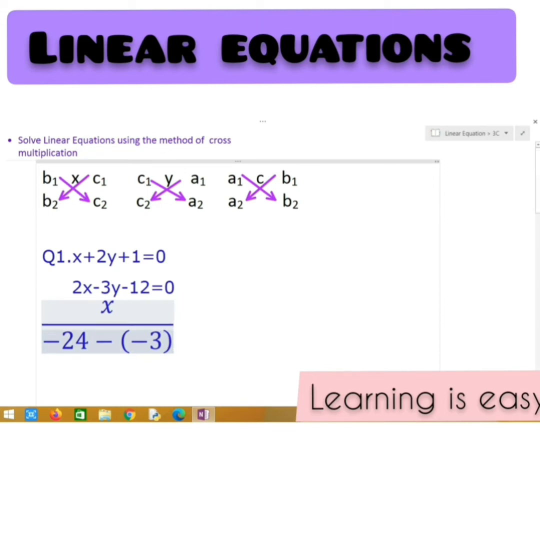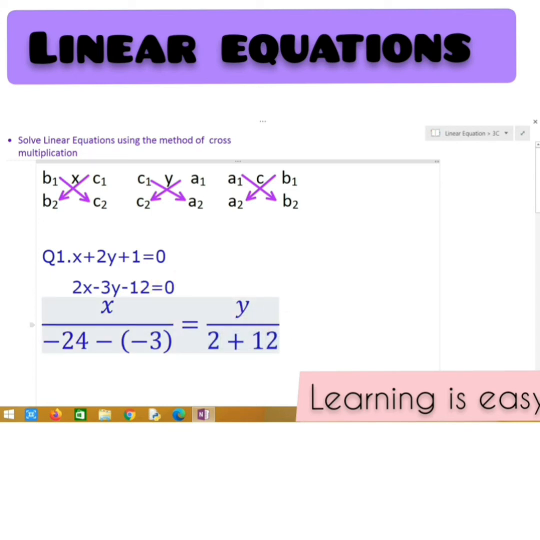Equal to, next for y, it's the other way. We're going to involve the coefficients of x and the constant. So y by 2, 1 into minus 12. So minus of minus 12, that's plus 12.